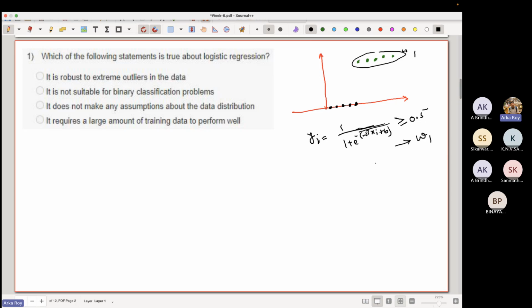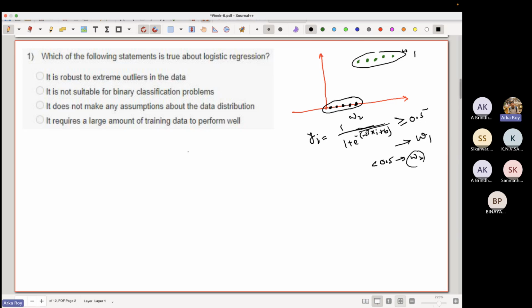And if the value is less than 0.5, then the data belongs to omega 2. This is very easy to classify. So even with a smaller amount of data, if the data is quite linearly separable, you can classify the two sorts of data points very easily.